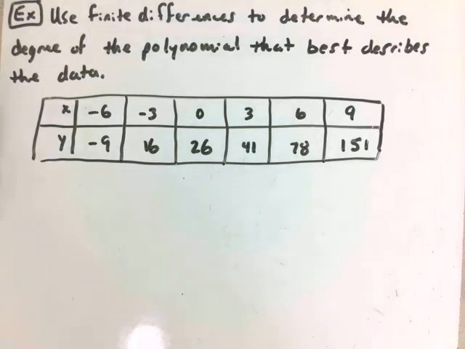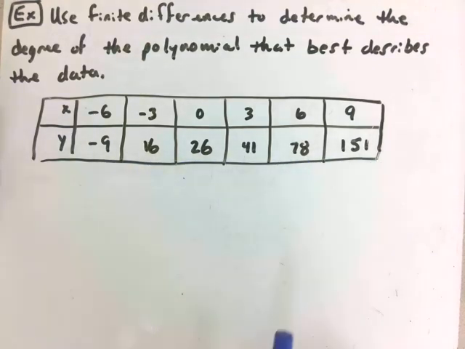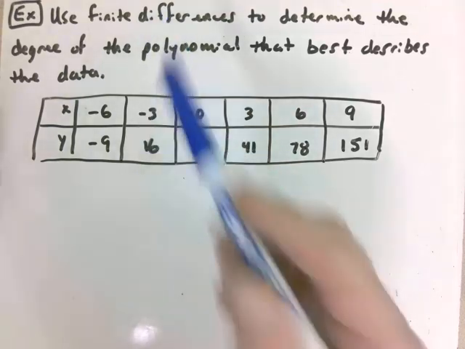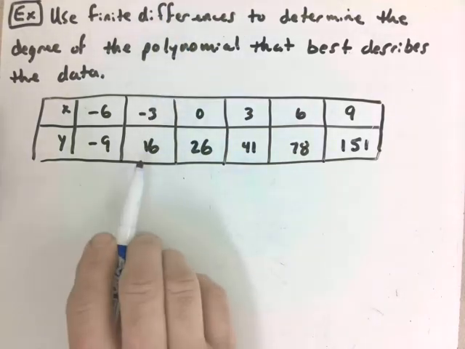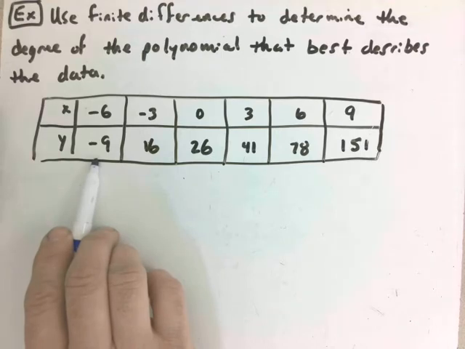You need to do something called finite differences, which is what it describes up in the directions. What we want to do is take a look at our y values, and we're going to do a difference. We're going to subtract the corresponding y value minus the one in front.